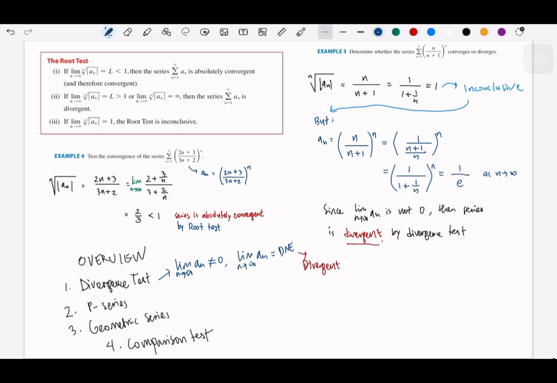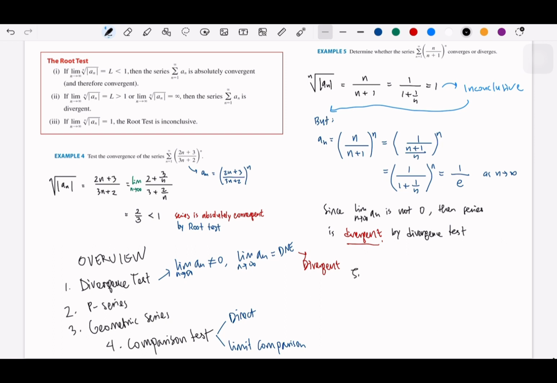You can have direct, or you can have limit comparison. Direct comparison is usually much more straightforward and gives a direct result. But if you cannot prove the inequality because it's difficult, then you can try the limit comparison. Both of these need the P series and geometric series to compare.